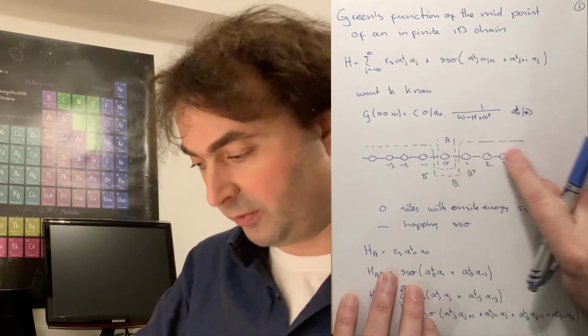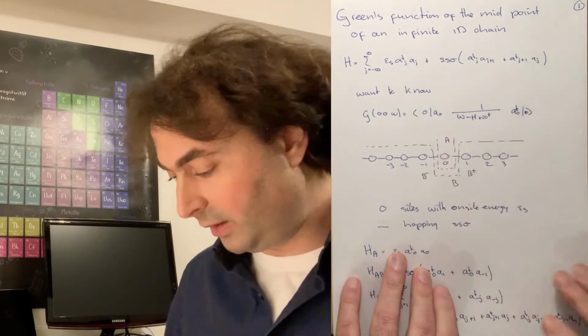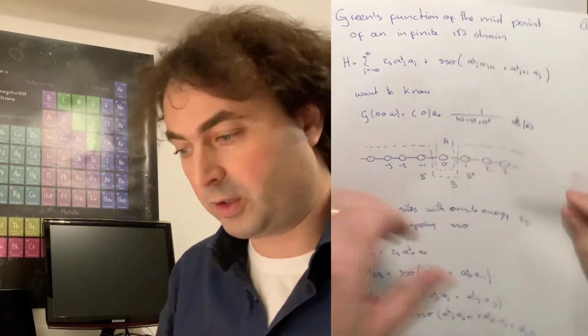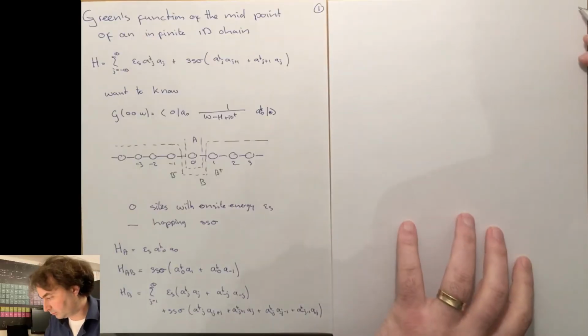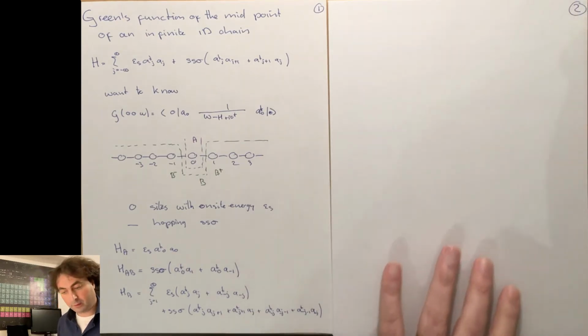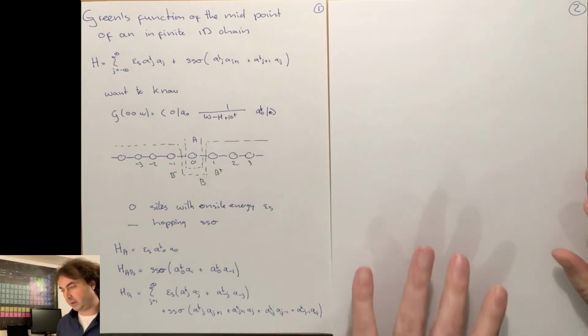So we have a semi-infinite chain on the right, a semi-infinite chain on the left, and in the middle a single site to which we couple. And we want to know the Green's function of adding and removing a particle in the middle.